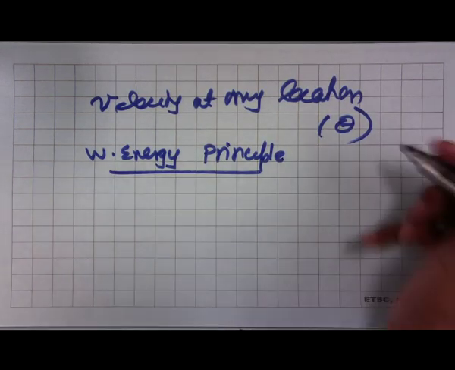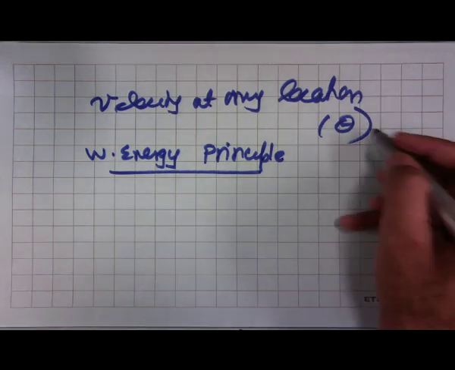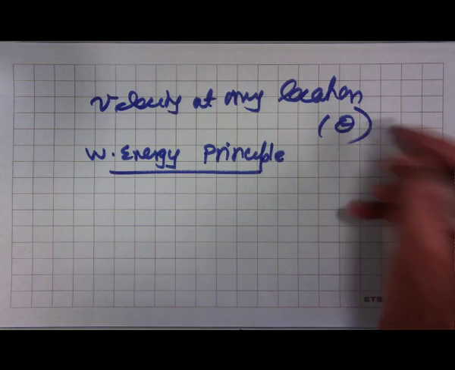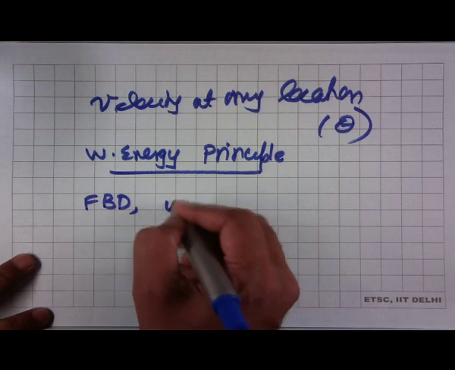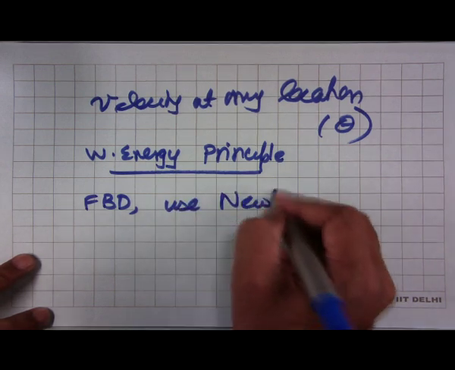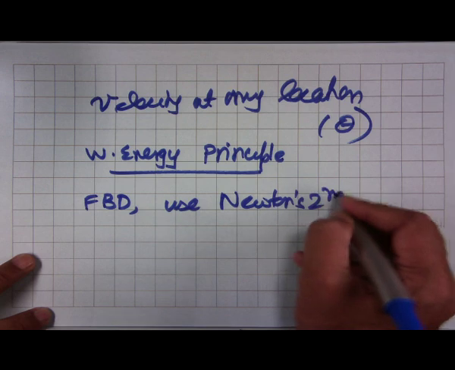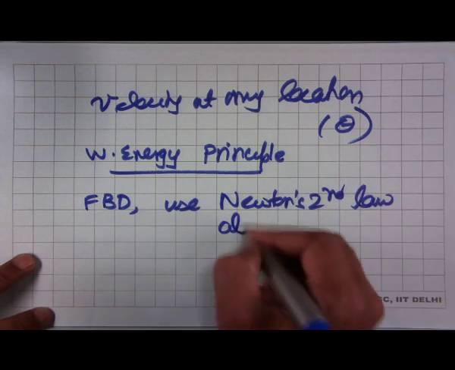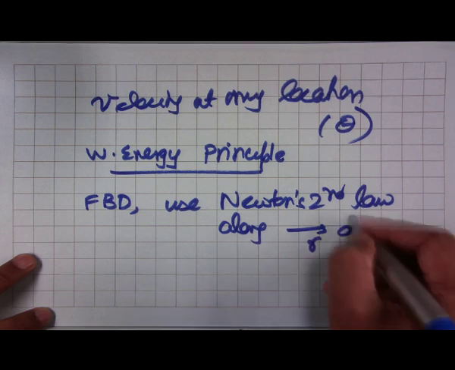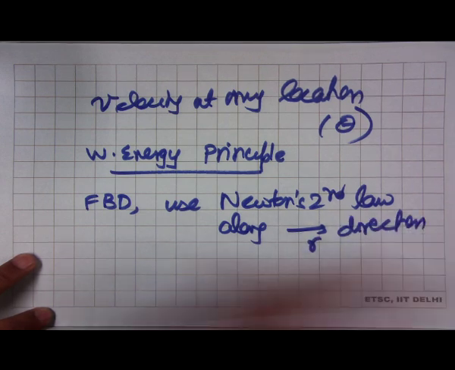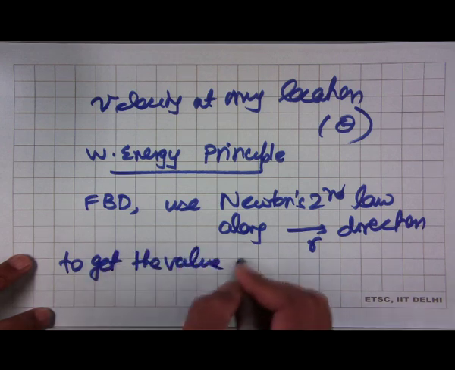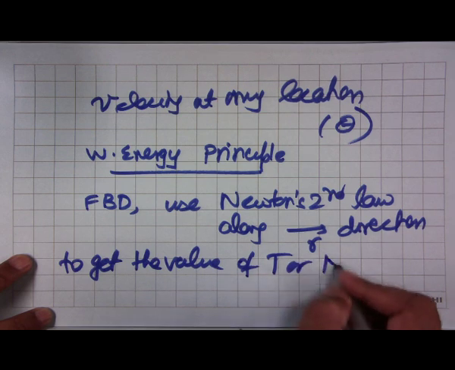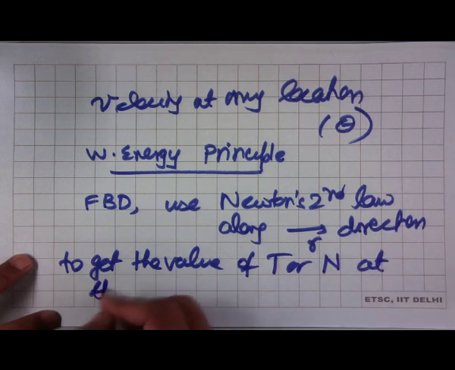So, simply using this we can get the velocity at any location theta, and once we know that, then we can draw a free body diagram and use Newton's second law along the r direction to get the value of T or N at that theta.